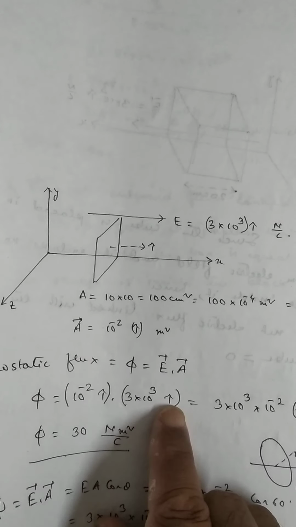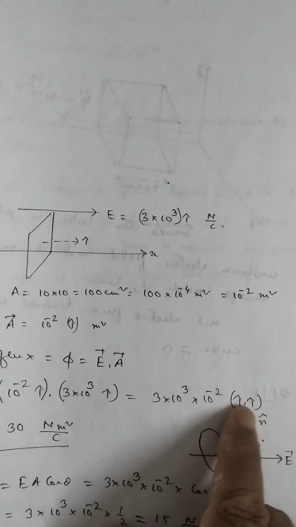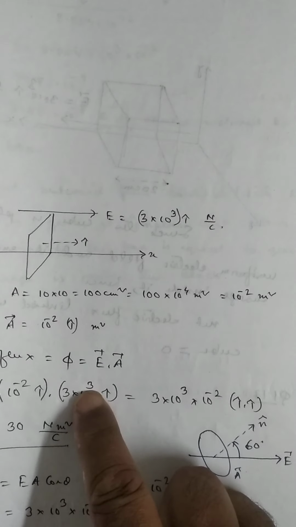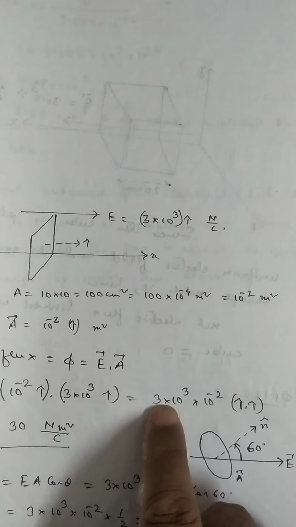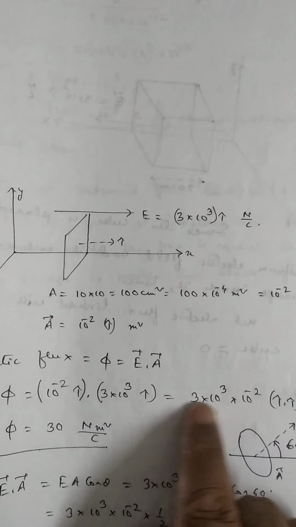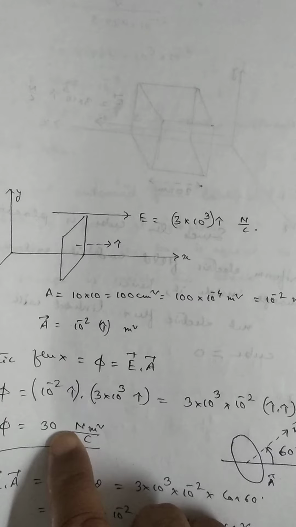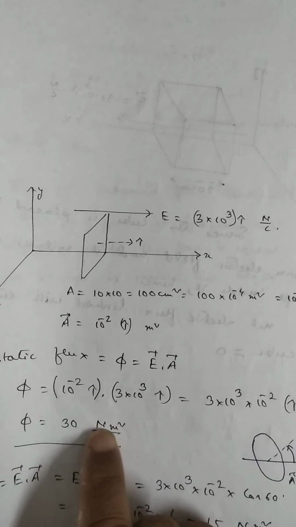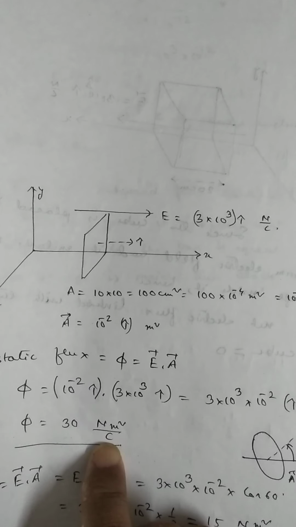What is i cap dot i cap? i cap dot i cap is equal to 1. So 3 into 10 to the power 3 and 10 to the power minus 2 ultimately gives 3 into 10 to the power 1, so 30. What is the SI unit? 30 Newton meter square per coulomb.